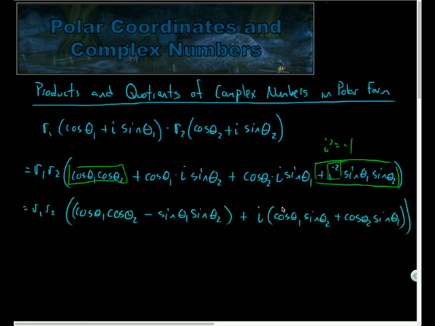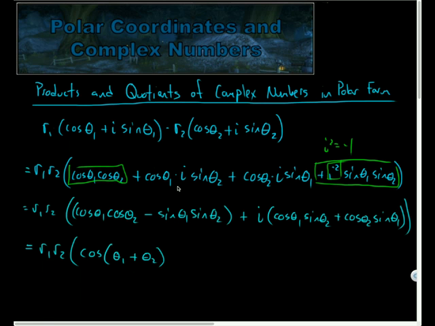Now, it turns out I can simplify these using some trig identities. So I'll have r1 r2 times this whole expression, which is the cosine sum of angles identity, so that's cosine of theta 1 plus theta 2.